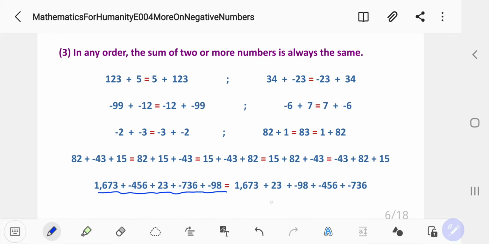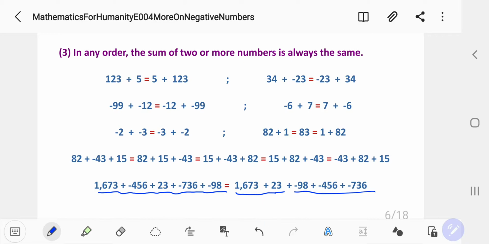They are arranged in such a way that the positive numbers are written first and then the negative numbers are written next to the group of positive numbers.